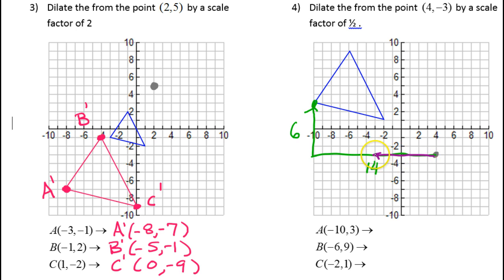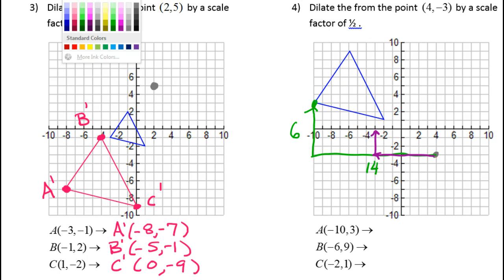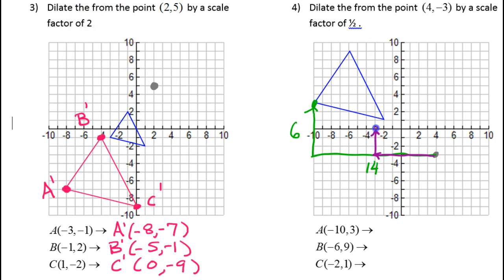So that's what left 7 would look like, and then up 3 would put me right here. So this is the location of A prime. Let's record that. I almost forgot to write A prime again. A prime is at negative 3 comma 0.